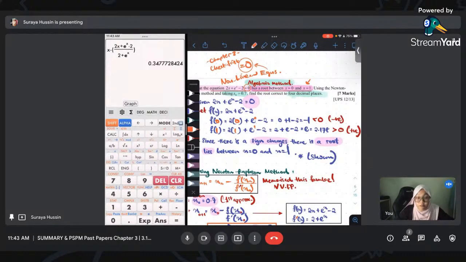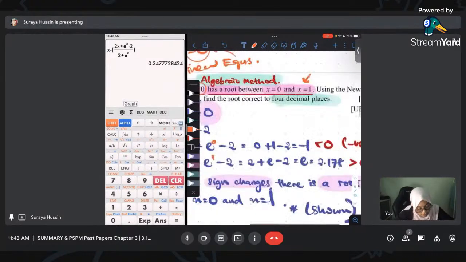Kalau dia minta 4 decimal places, kita make sure kita cari solution step by step kita. Kita kena tulis lebih daripada 1 decimal places. Kalau dia minta jawapan akhir, find the root, the correct answer in the 4 decimal places.